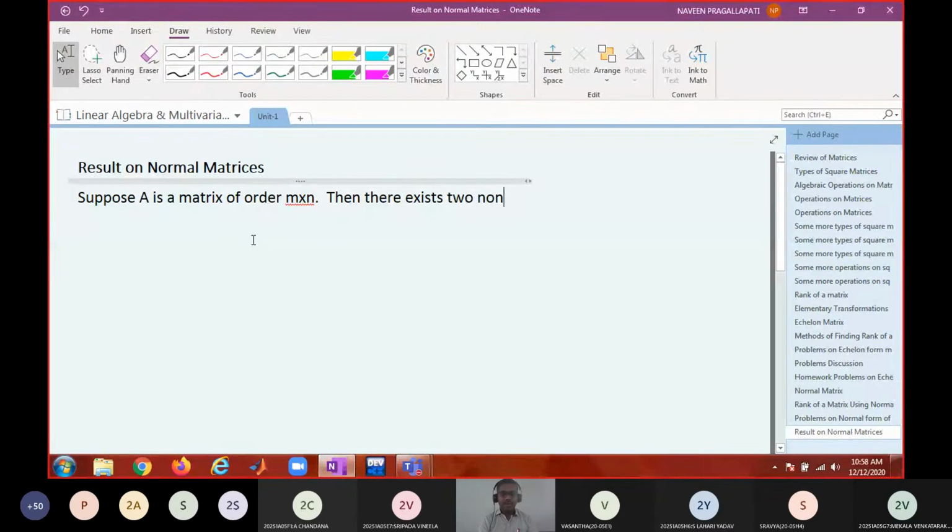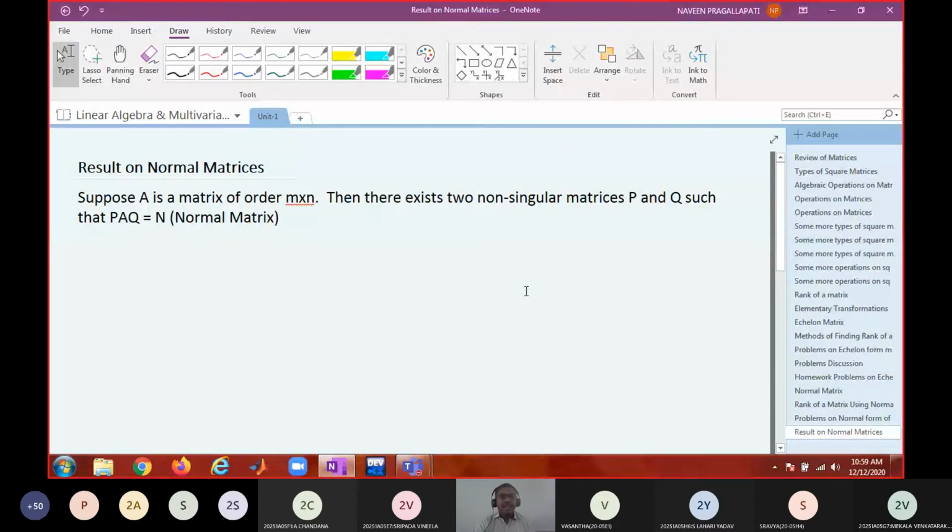So this is what the result says. For every matrix of order m by n, you can always find two non-singular matrices P and Q such that PAQ equals a normal matrix.